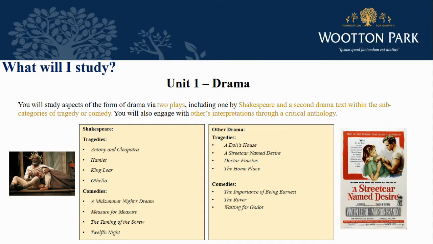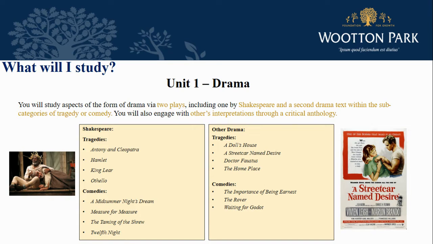What will you study? The first unit within the A-level for English Literature explores dramatic texts. And in this unit, you will study two plays. One, which is a Shakespearean text, and the second will be a drama text from a whole range of different contextual periods.